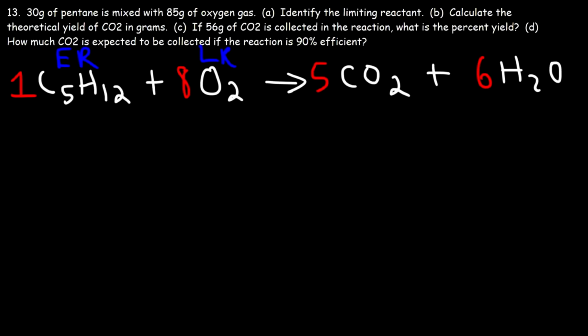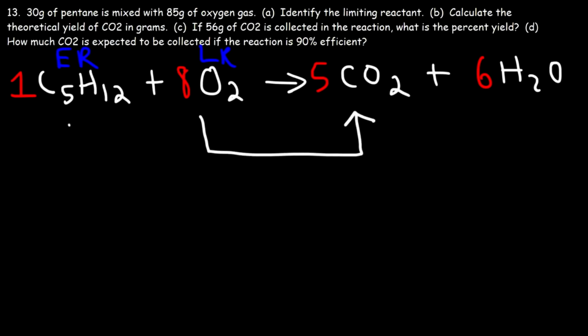To get the answer, it's important to understand that the limiting reactant will give us a lower theoretical yield of CO2. The excess reactant will give us a higher theoretical yield of CO2. So what you need to do is take the mass of the limiting reactant and convert it to the grams of CO2.